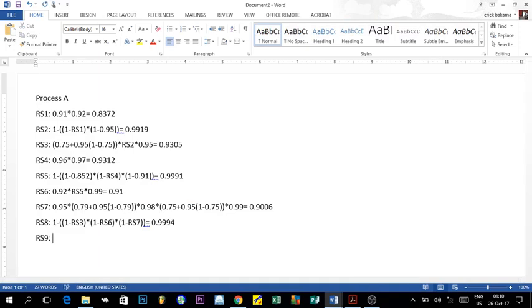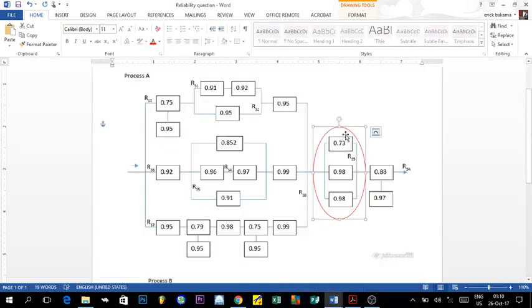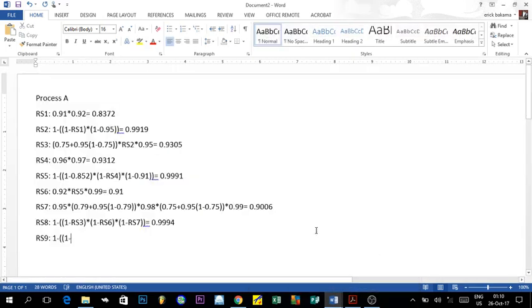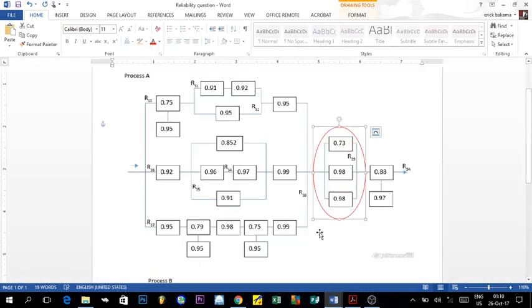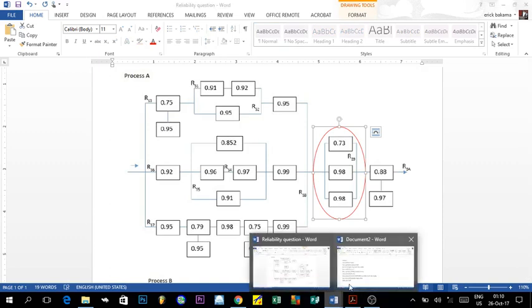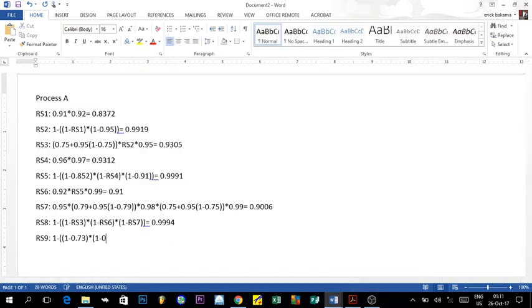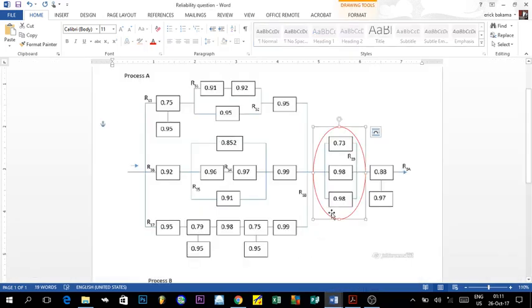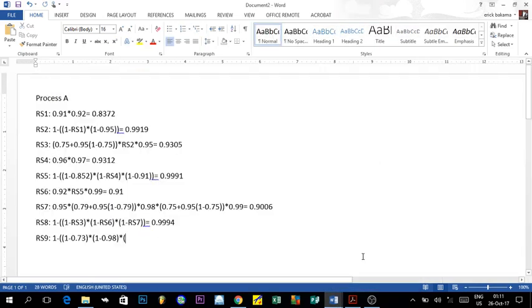So in our case, we have 1 minus, you open your bracket, 1 minus the first component, which is 0.73, times the second component, which is 1 minus 0.98, times the last component again, which is the same reliability as the second, 0.98.